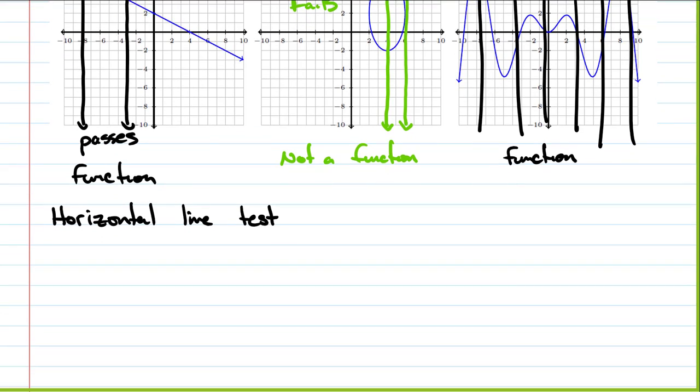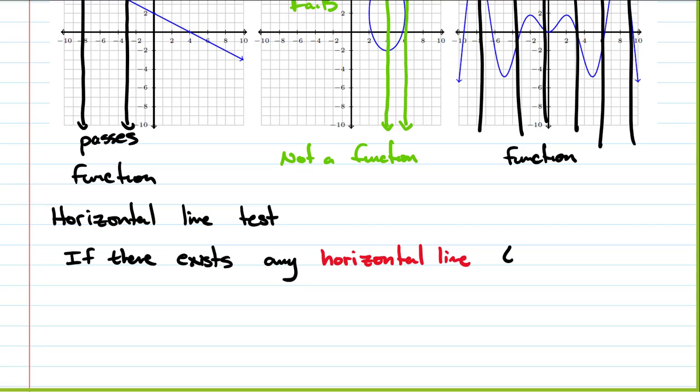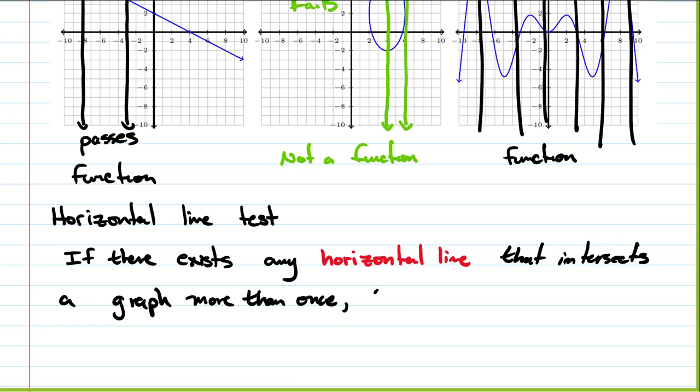So, similar to the vertical line test, if there exists any horizontal line that intersects a graph more than once, then the graph for the function is not one-to-one.